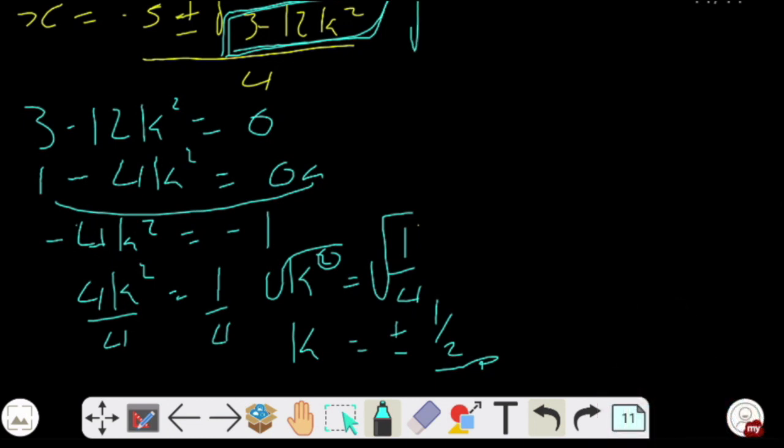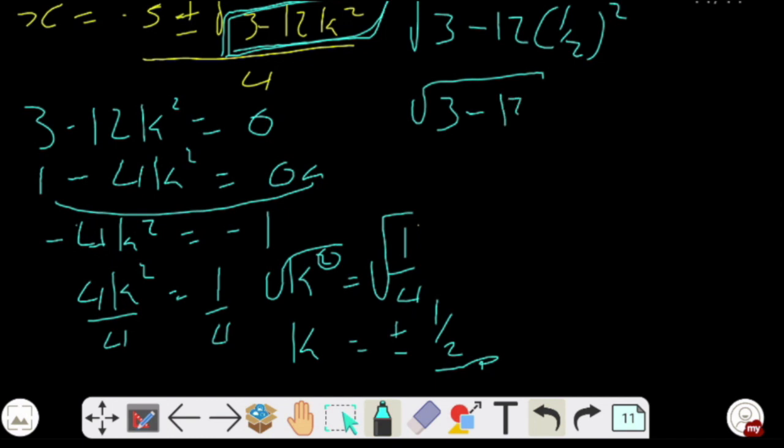Meaning we are going to have, let me write the square root for clarity's sake, it's going to be 3 minus 12 times a half all squared. Right, meaning we are going to be left with 3 minus 12 times 1 over 4.